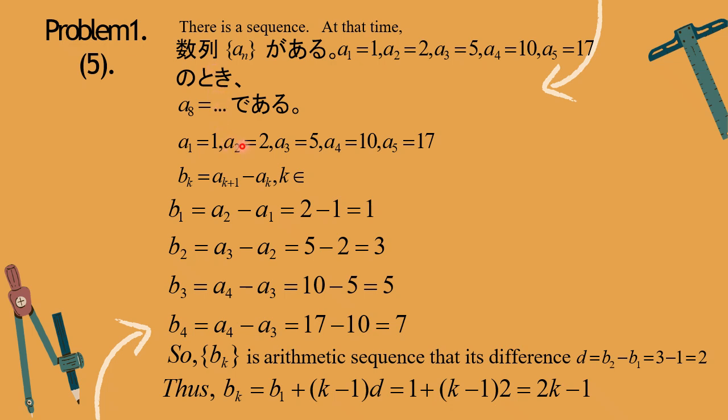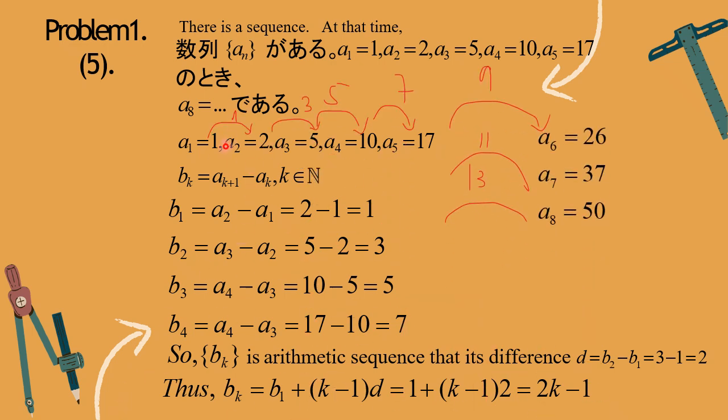So as we observe each term of the sequence, a1 equals 1, a2 equals 2, then 5, 10, and 17. We can see that the differences between terms are 1, 3, 5, 7, and you can see that 1, 3, 5, 7 is an arithmetic sequence with a difference of 2.